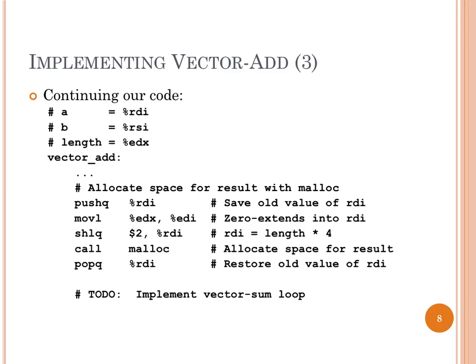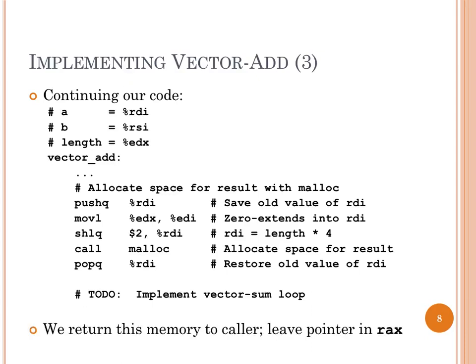Are there other caller-save registers that we might want to preserve that malloc may trample on? Was there a comment over here? Yeah, RSI would be another one. What's another one? RDX. Yeah, RDX. We may want to save all of those. Yeesh, right?